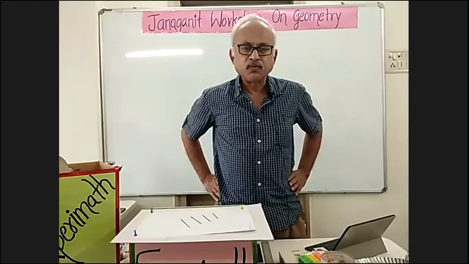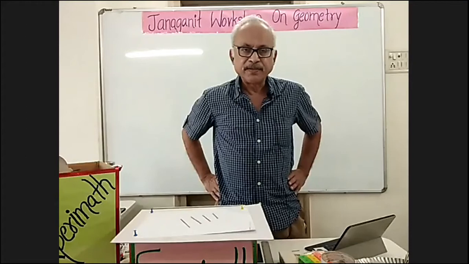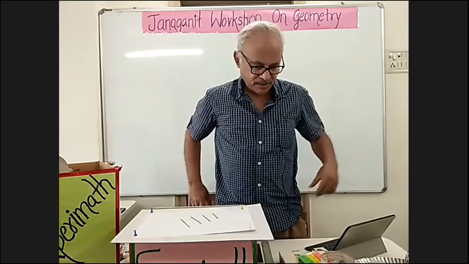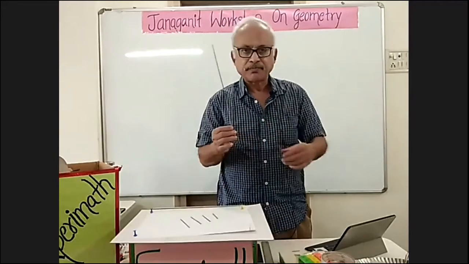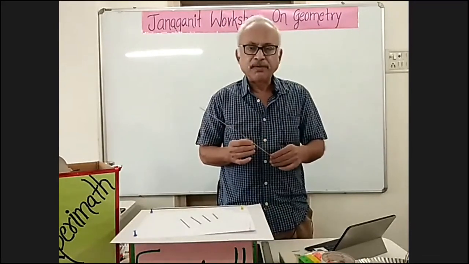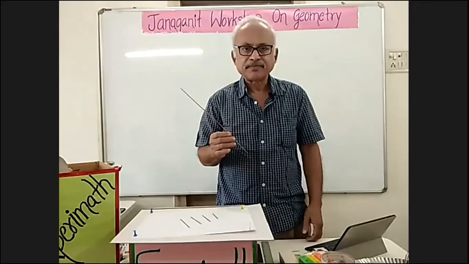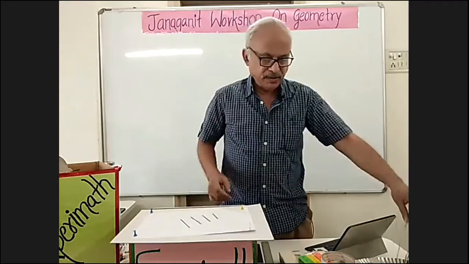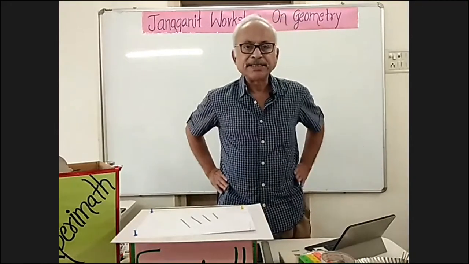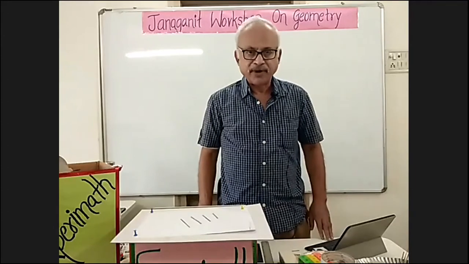The first activity was making a line segment with the broomsticks. And we made line segments of different lengths. Thereafter, we used these line segments for making a triangle.